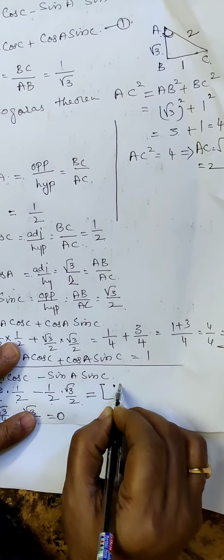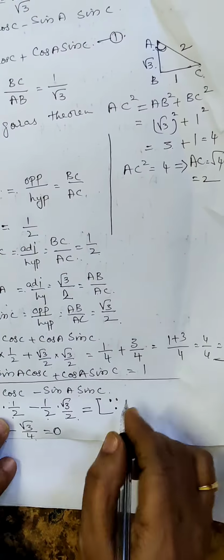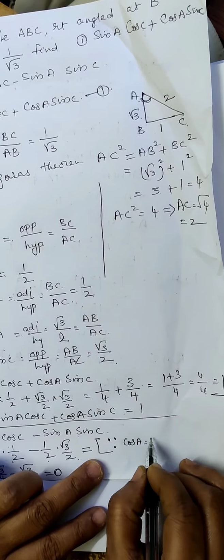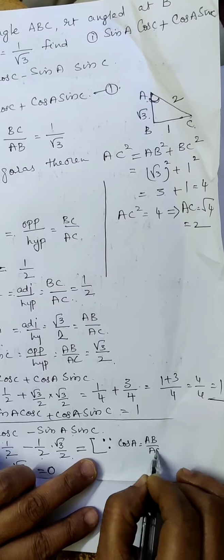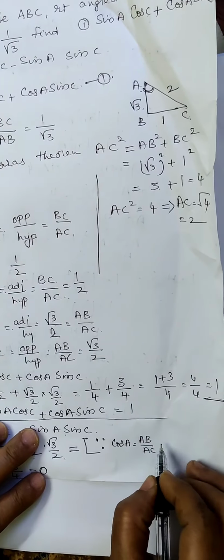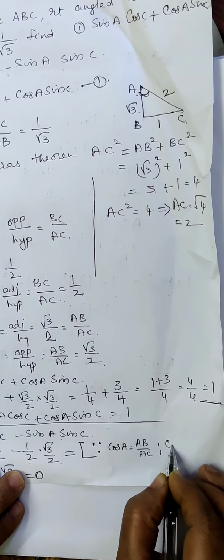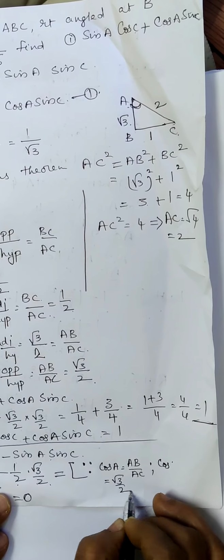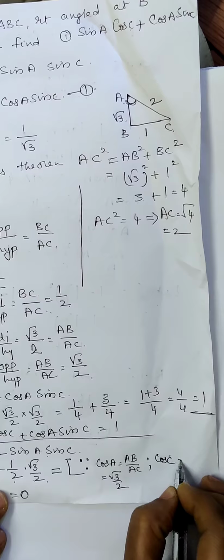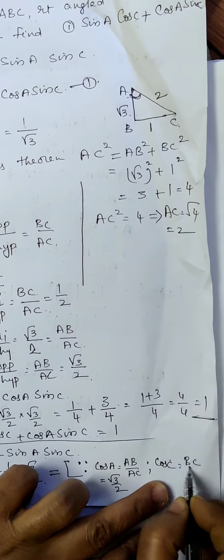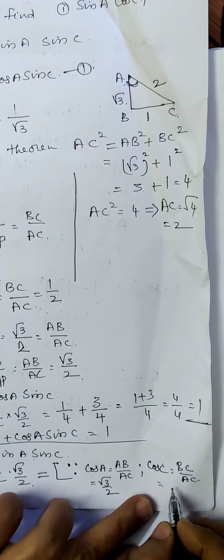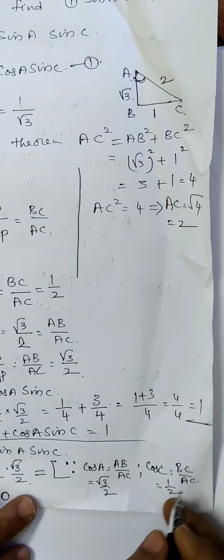Here we should write for clarity, since cos A is equal to AB by AC, adjacent by hypotenuse. Cos A is equal to AB by AC, which means root 3 by 2. Cos C is equal to BC by AC, that is adjacent by hypotenuse. So that is equal to 1 by 2.